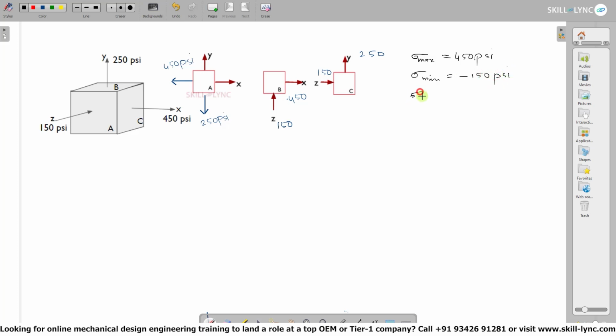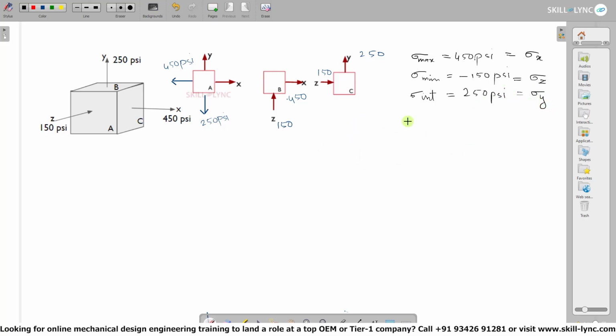The intermediate stress, for this problem, is going to be 250 psi. So basically our maximum stress is sigma x, minimum stress is sigma z, and intermediate stress is sigma y.